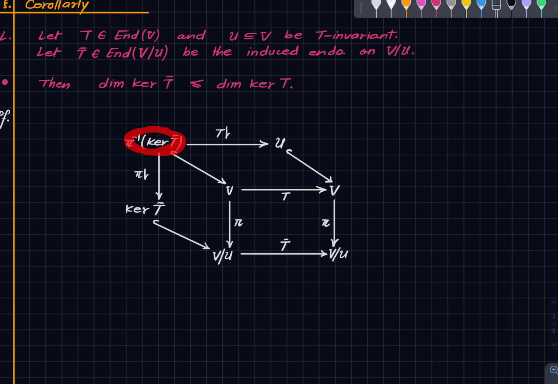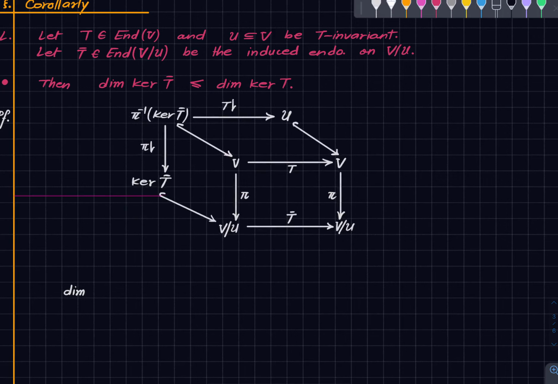This has some dimension which we computed. Let's just apply rank nullity to this guy. So the dimension of the domain of that guy is the dimension of the kernel of that guy plus the dimension of the image.